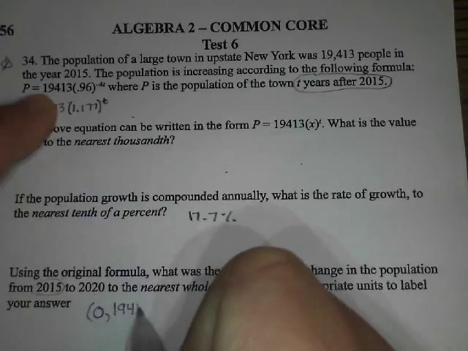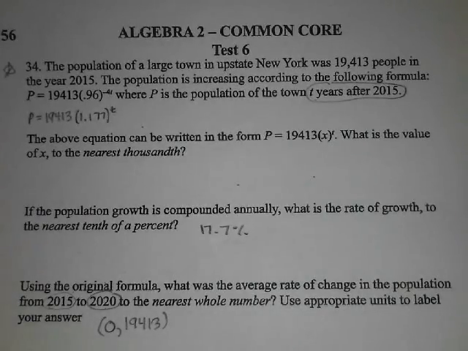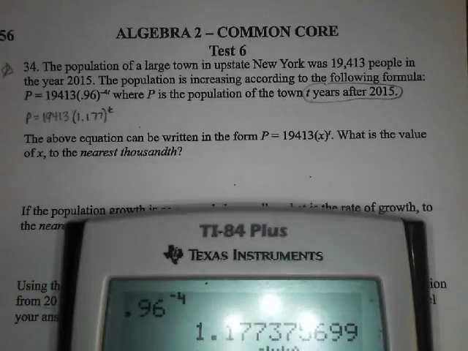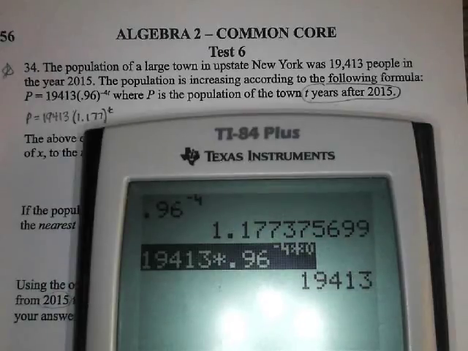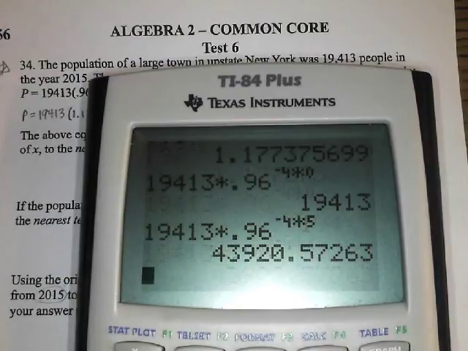And then what am I going to plug in for 2020? How many years is that? 5. So I'm going to plug in 5, and instead of plugging it all in again, do you guys know this little trick where I'm just going to steal exactly what I typed in before, and then I'll go back and change that to a 5. 43,920.57.